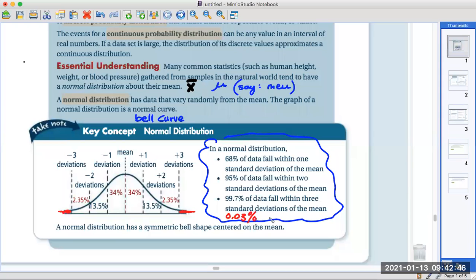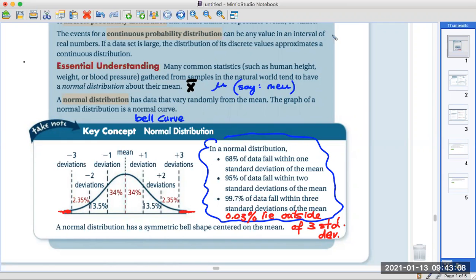0.03% lie outside of 3 standard deviations. So did I do this right? Yeah, 0.03.